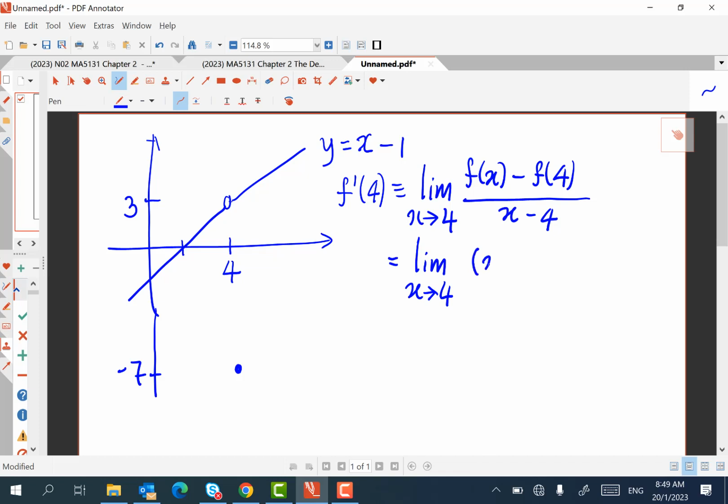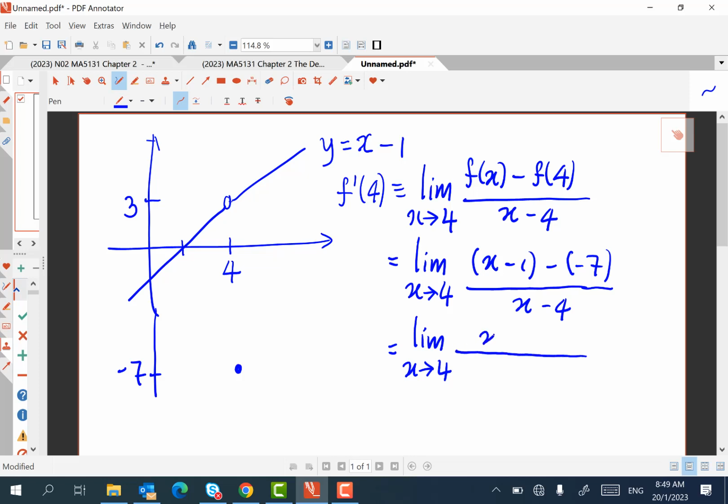It's going to be x minus 1 minus 3, is it? No, minus 7. At 4 it is 7, minus 7. So it's x minus 4. Then the limit as x goes towards 4, this is x plus 6.